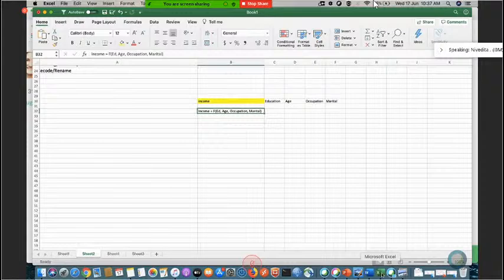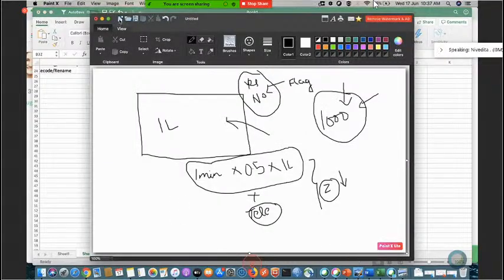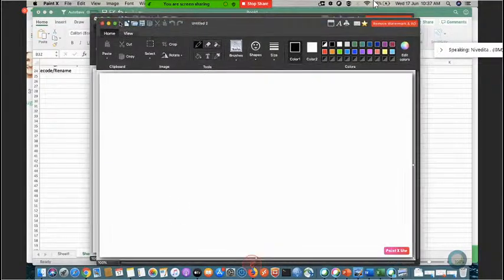If I have a linear function, how would my line look? Let's say these are the data points, people with different educational levels and ages, and I am trying to estimate this line. Let's say on the y-axis we have age, x-axis we have income.